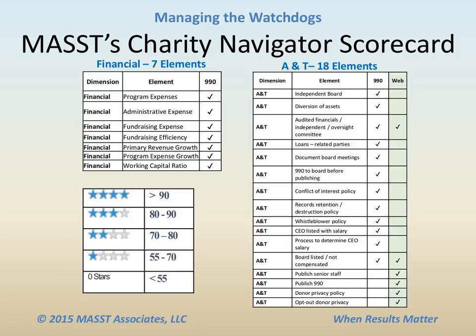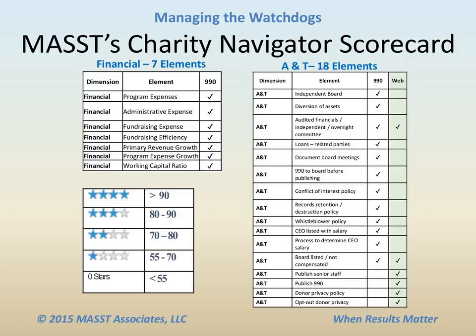You can see here that in order to earn 4 stars from Charity Navigator, you have to have a composite score that's in excess of 90 points. So 90.1 points would get you a 4-star rating.